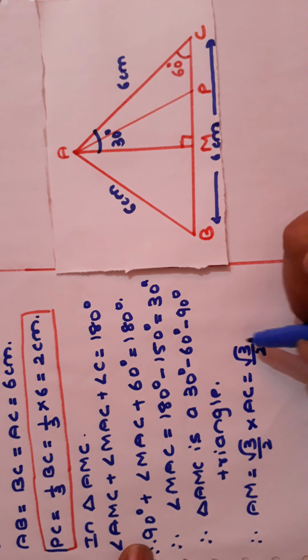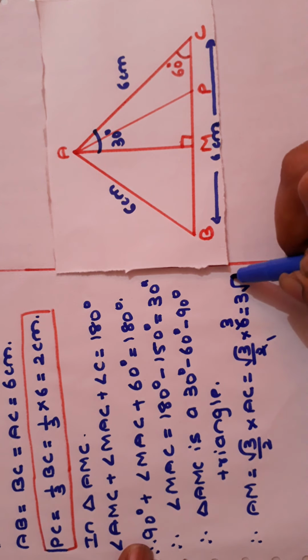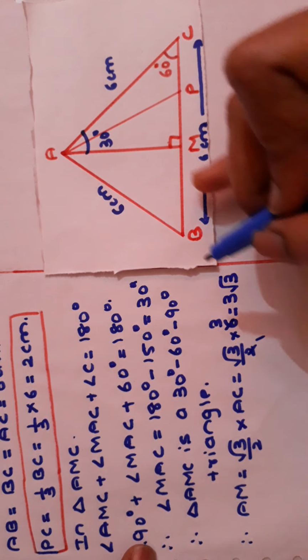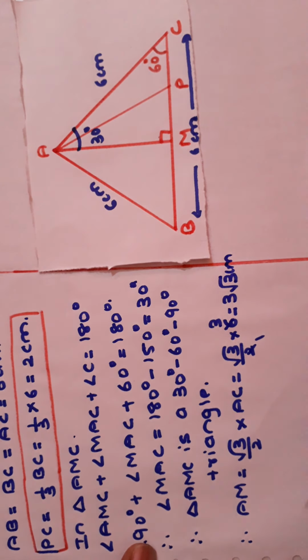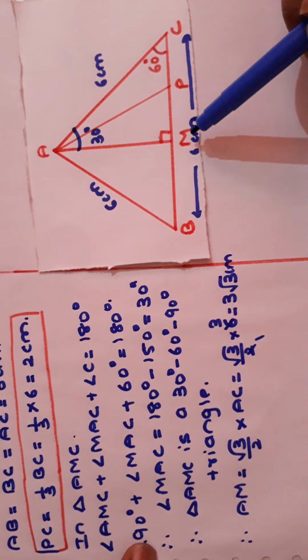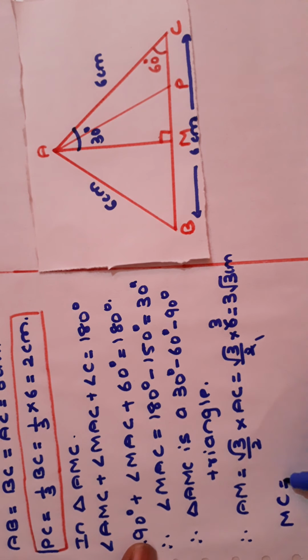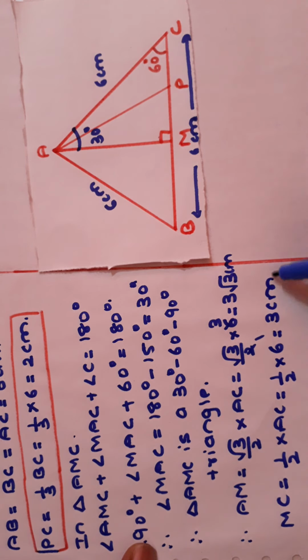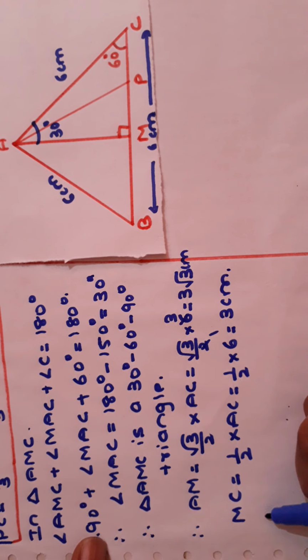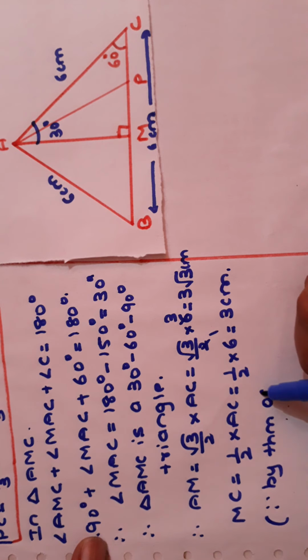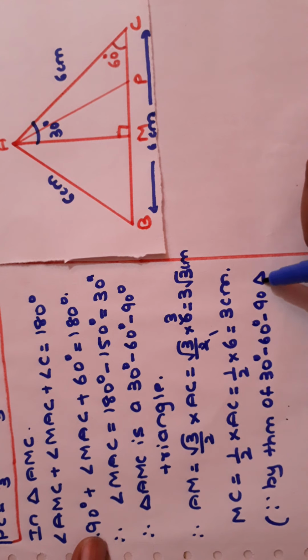That is √3 by 2 times 6, which is 3√3. Similarly, the side opposite to 30, MC, is half of the hypotenuse, since by the theorem of 30, 60, 90 triangle.